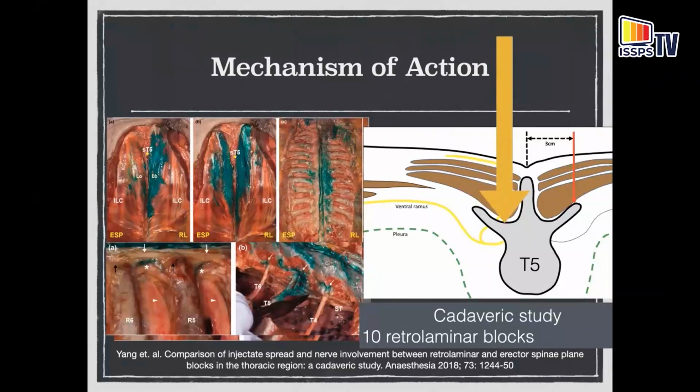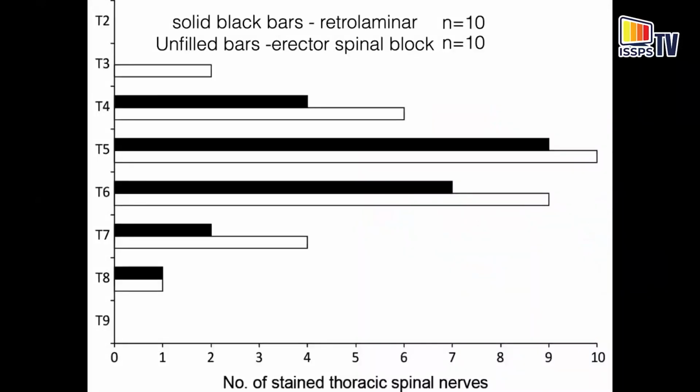Showed quite elegantly that there was limited spread of the dye to involve the thoracic spinal nerves. For example, if you look at the proportion of specimens that were involved with the Erector Spinae injection, where it extended from T5 to T3, it's only 2 out of the 10 injections that spread even 2 segments away from T5.